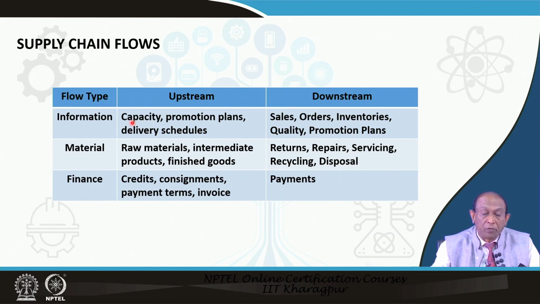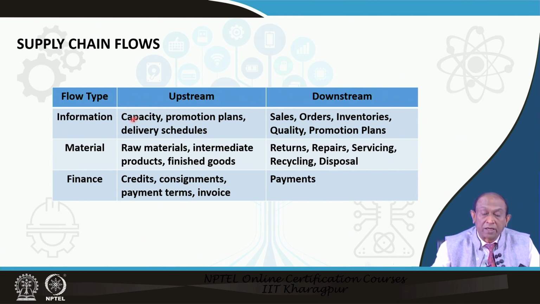Now, when we talk about information flow and look at the upstream side, the relevant information is related to the capacity of the plants, the warehouse, how much production will be there, promotion plans, if there is anything in the mind or in the undertaking, and delivery schedules.